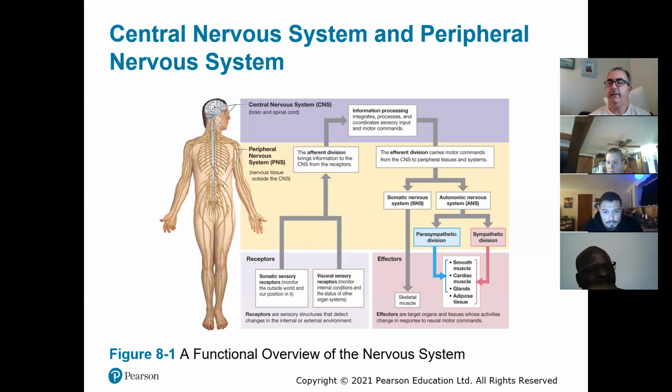Fight or flight is when your brain perceives a threat, it gets your body ready to either fight or flee, right? It's getting you ready to mobilize everything, all your resources. Parasympathetic division is called rest and digest. This means that this is kind of what you do when you lay down to go to sleep at night, right? And your heart rate slows down and your breathing slows down. It's because you're resting, you're at rest.